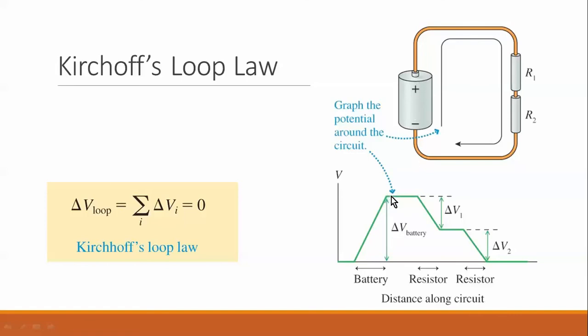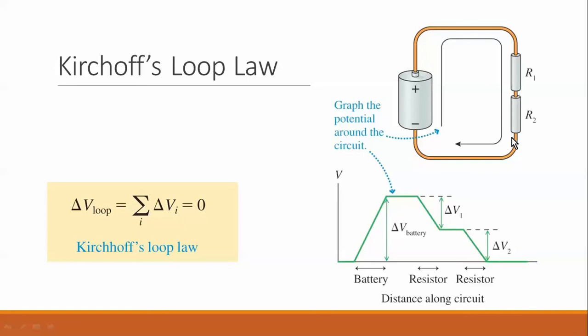Then we're going to travel along the wire. When we travel along the wire, in an ideal case, there's no resistance, so our potential is constant. Then we get to a resistor. Our first resistor will lower the potential a little bit. So that's our change in potential from the first resistor.